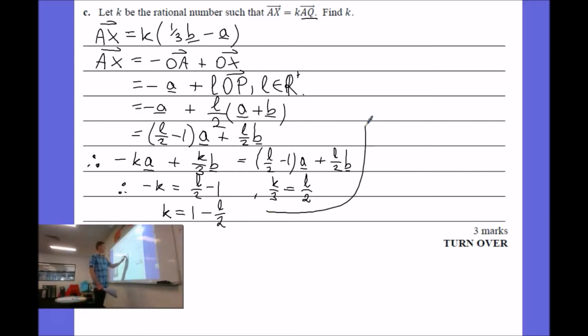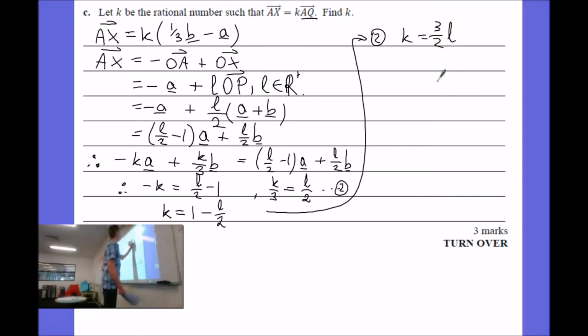So let's continue. Let's see if we can solve them simultaneously. Now, from number 2, we get that K is equal to 3 on 2L. So let's sub into 1.